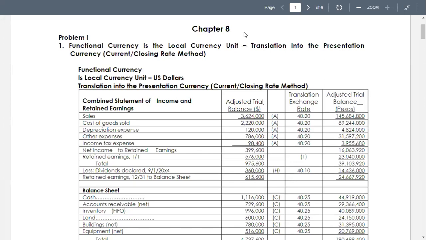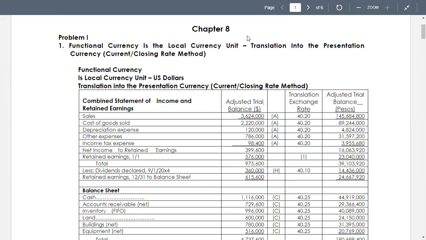So you have to use the historical or the actual rate. Okay. And the foreign currency translation reserve gain is the balancing amount in the balance sheet. That becomes the balancing amount in the balance sheet.